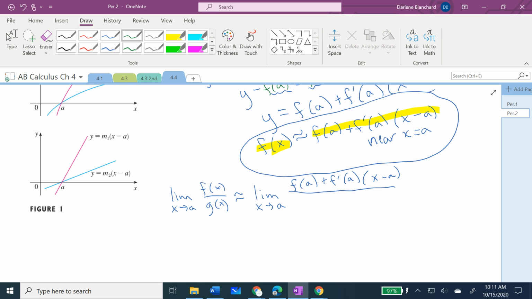Similarly, g of x, green for g because it's g, is approximately g of a plus g prime of a times x minus a.